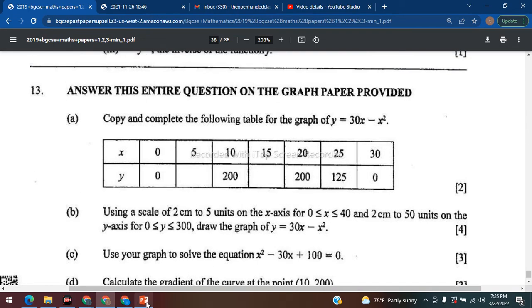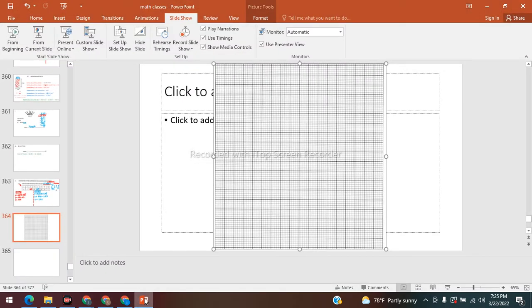Let's go back to our question. We know they say we go from 0 to 300, in 50s. So it's going to be 50, 100, 150, 200, 250, 300. Okay, good. We have enough.